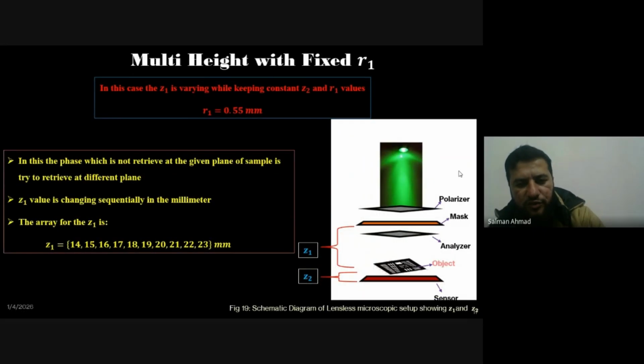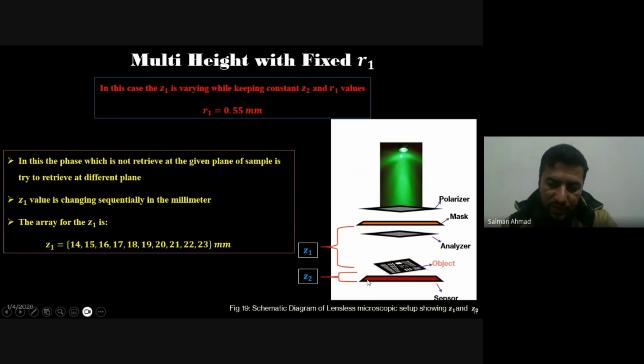At the end, we used the multi-height technique by fixing the value of R1 for the FZA and only changing the height, that is, the value of Z1.